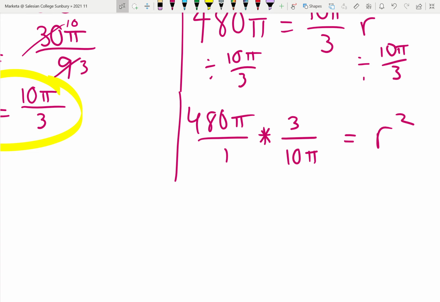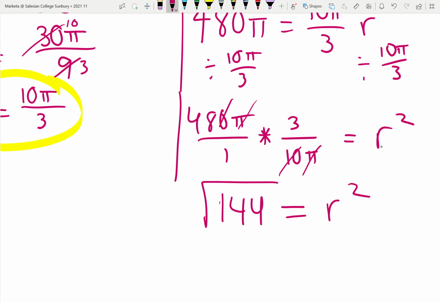So now I can cancel the pi's out and divide by 10. So I get 48 times 3. So I'm going to end up with 144 equals r squared.